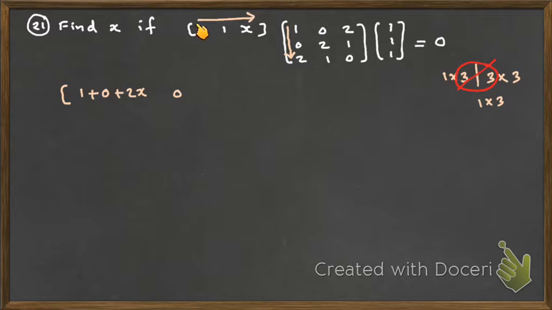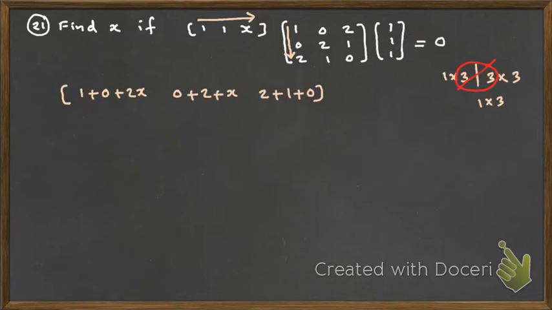So 1 into 0 is 0, then 1 into 2 is 2, and x into 1 is x. Now finally the first row with the third column. So 1 into 2 is 2, plus 1 into 1 is 1, plus x into 0 is 0.